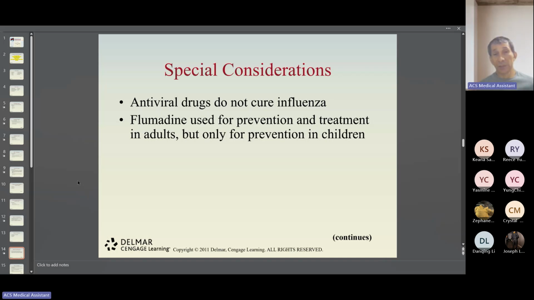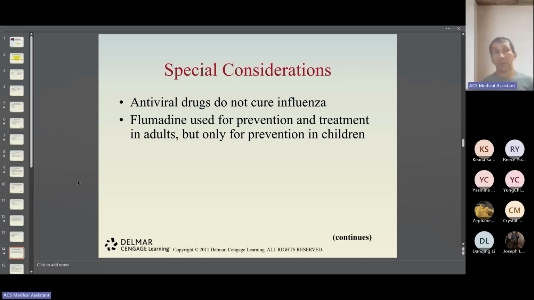So once again, it says right here, antiviral drugs do not cure influenza. None of the antivirals cure any viral infection. So don't forget that because that is very important for you for the exam.